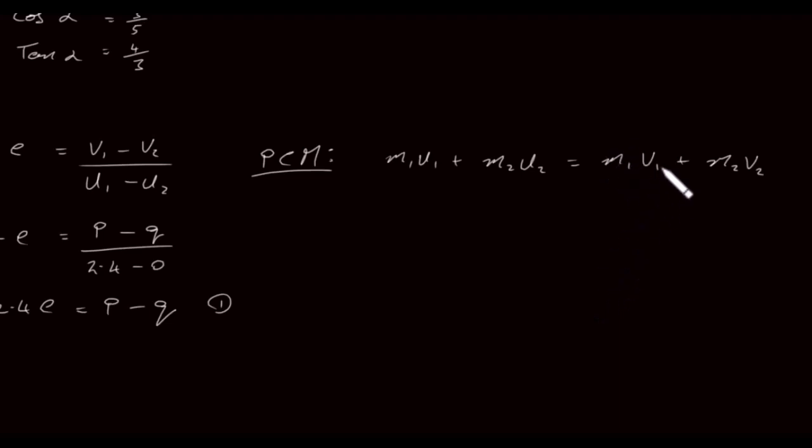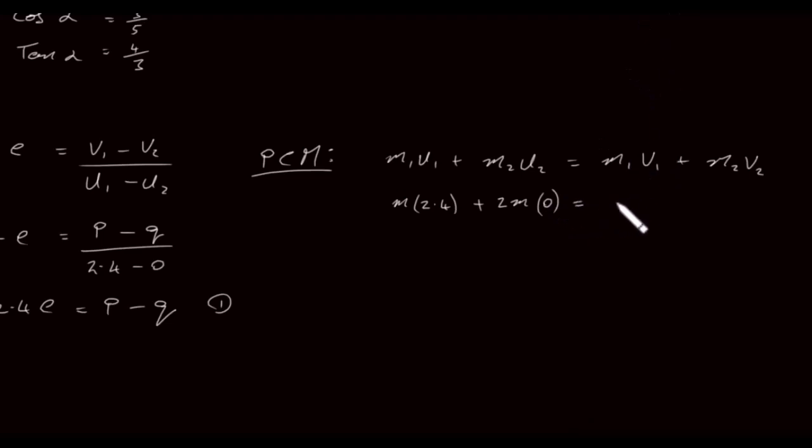Now we have m1 times u1, so that's going to be 2.4 times m, plus our second mass is 2m, and that's going to be multiplied by 0.